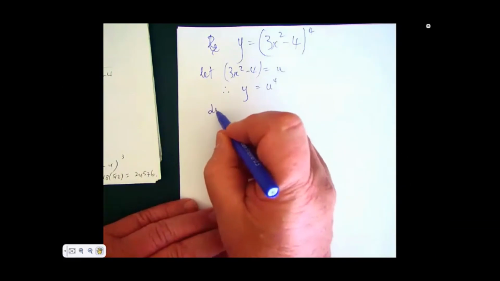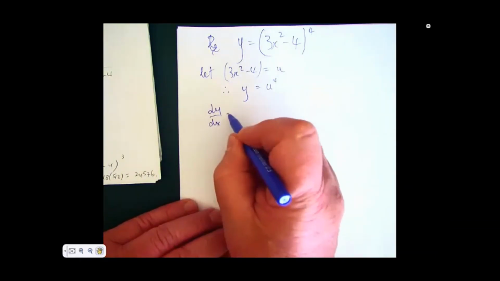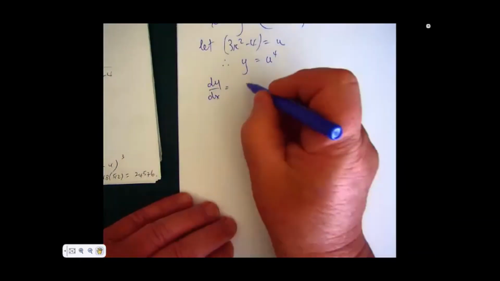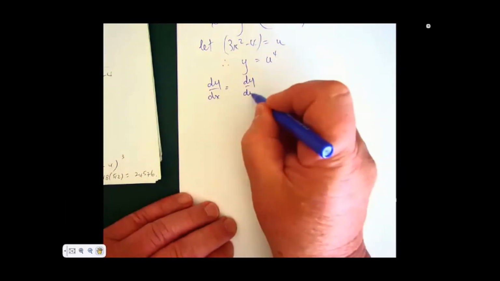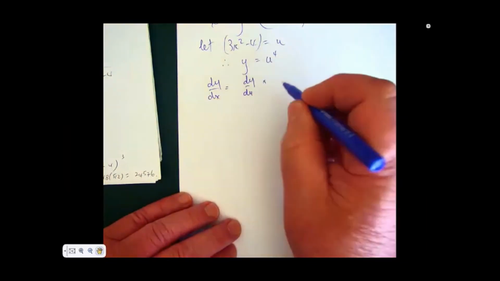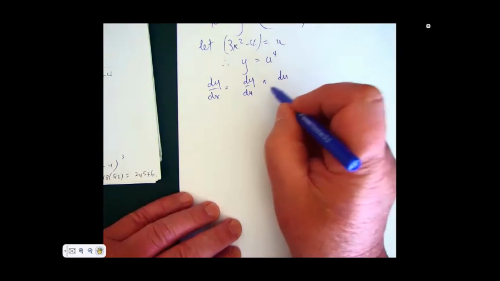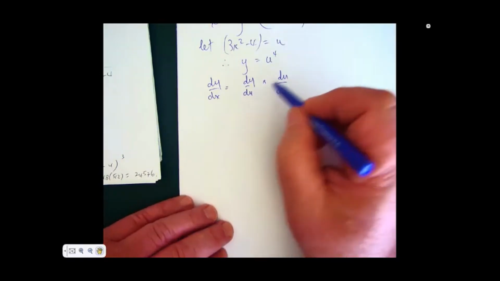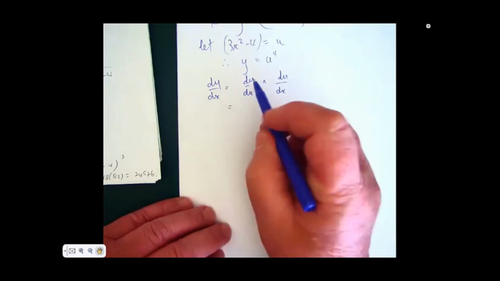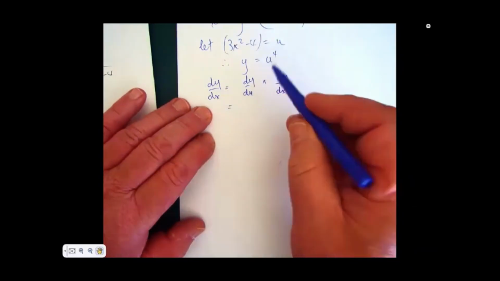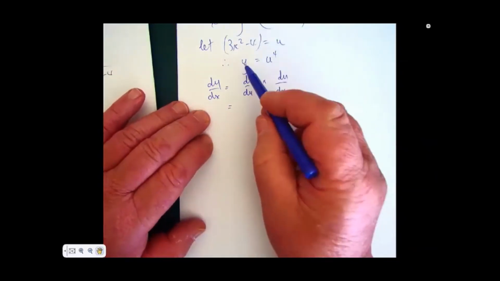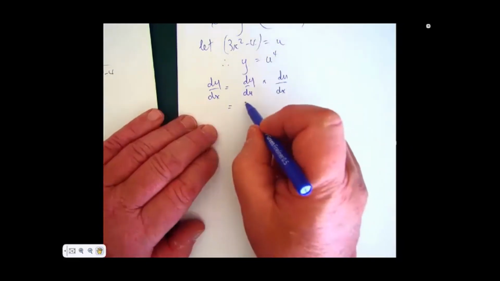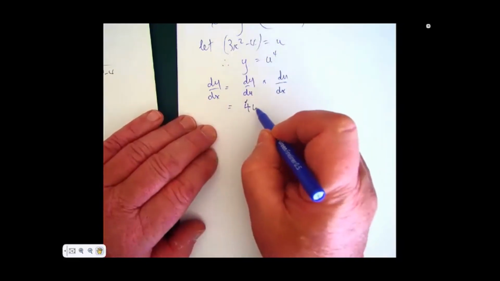So now we go through what we did before. Dy dx equals dy du, so we differentiate this one and then multiply it by du dx. Because you see the du here will in fact cancel out. So let's do that. Now dy du is going to be this one. So this will be 4u cubed.